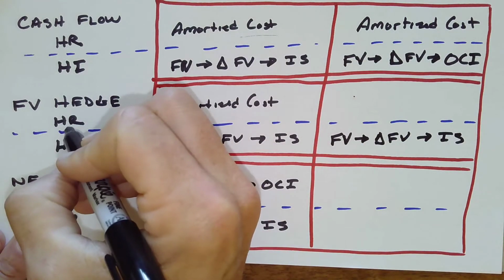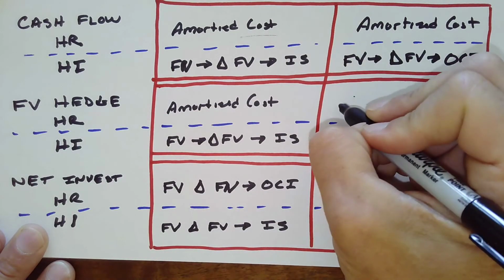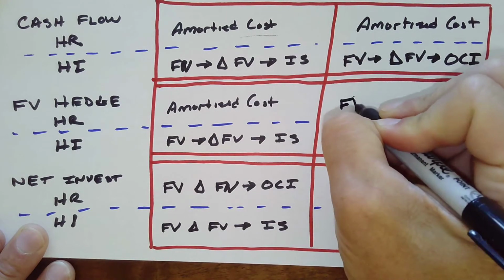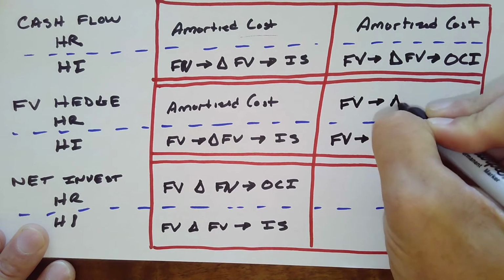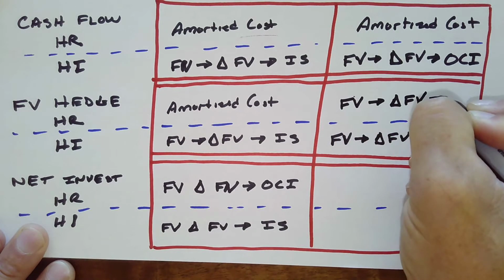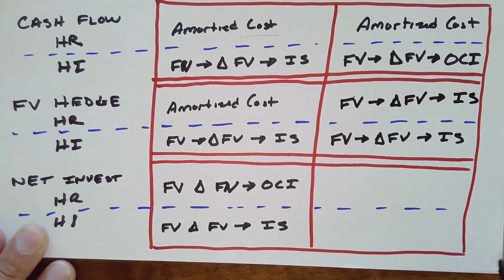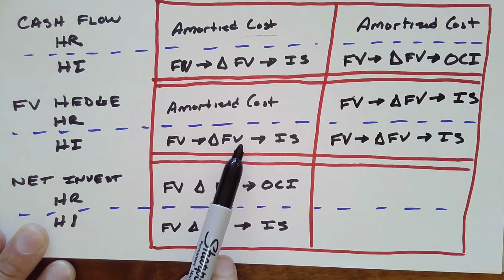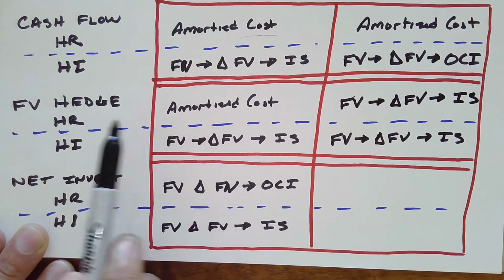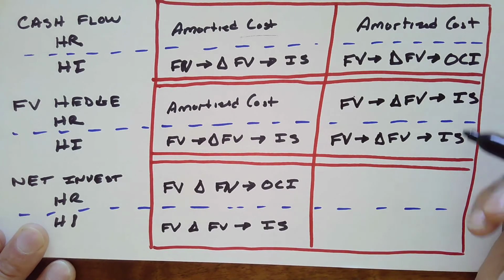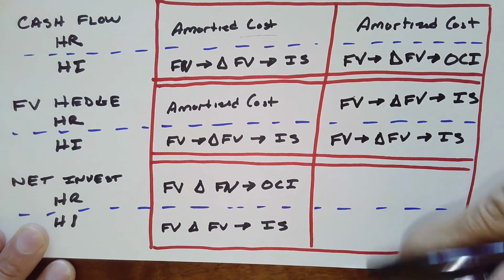You now get to take the hedged risk, and now that's also at fair value. Changes in fair value also go to the income statement. So when the hedging instrument is going up in value, the hedged risk should be going down in value and offsetting each other in the income statement. If it's perfectly hedged, this net amount will be zero.